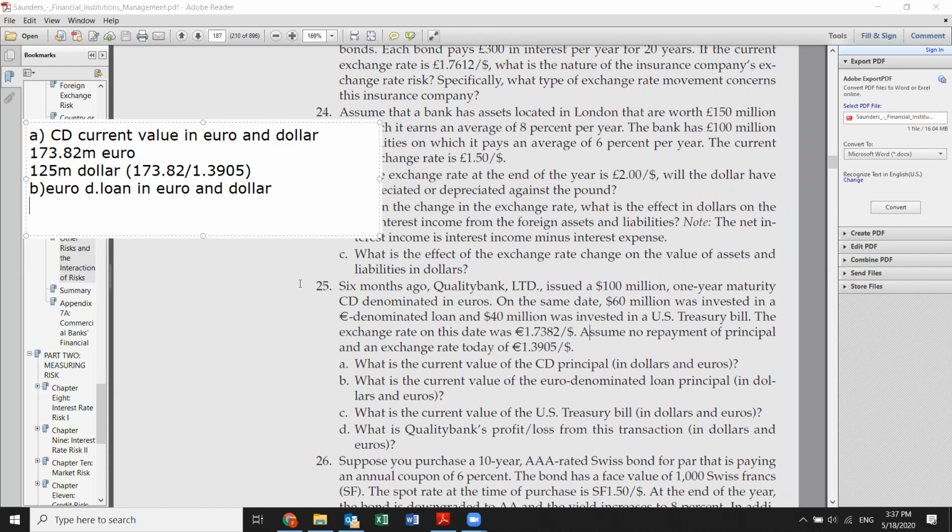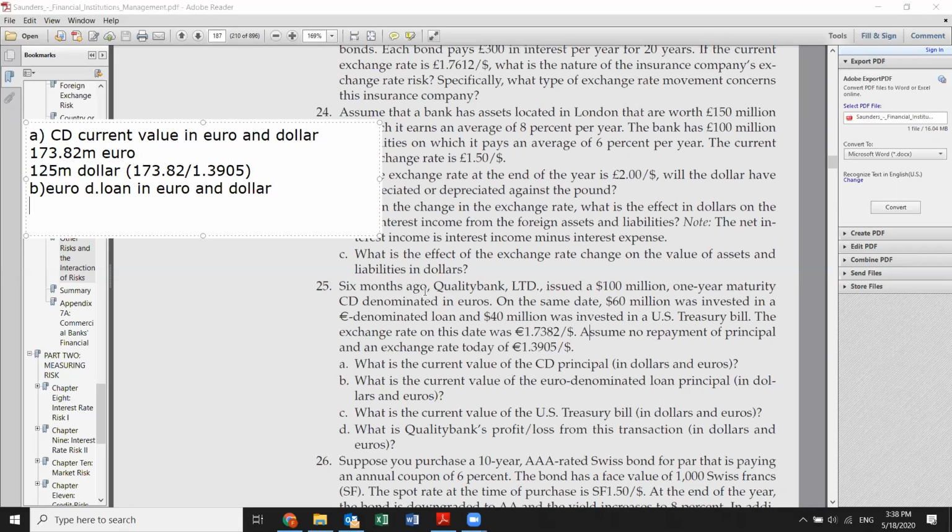in here we invested $60 million in the euro denominated loan and 40 million was invested in US Treasury bills. So $60 million in euro times 1.7382.